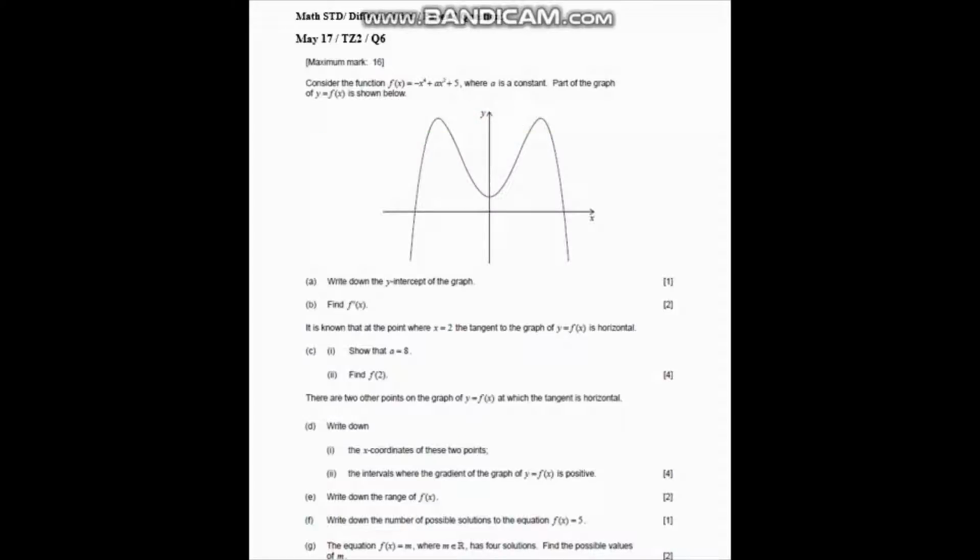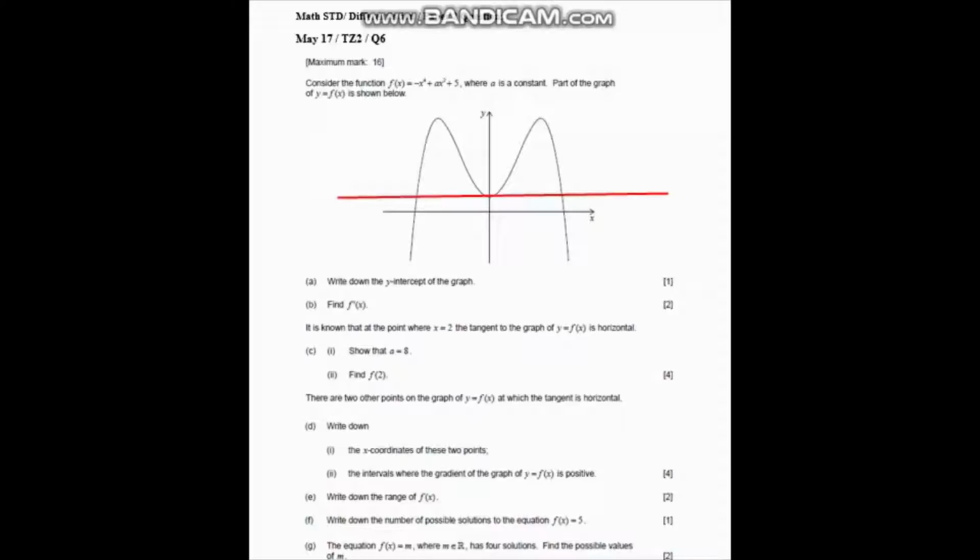So for what region of y values shall there be 4 intersection points? Any region above this line, not including this line, because this line cuts the curve 3 times, not 4 times. We have already determined this in f. This line, which is y equals 5, cuts the curve 3 times.